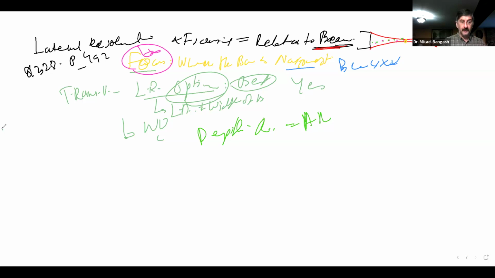So if you knew that focus was the point in the beam where the beam was at its narrowest, and that will give us the lowest numerical value of your lateral resolution, which was another name for your transverse resolution, and lower numerical value gives us the best.